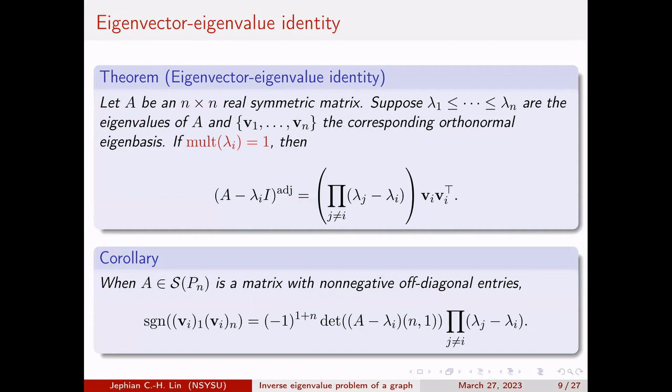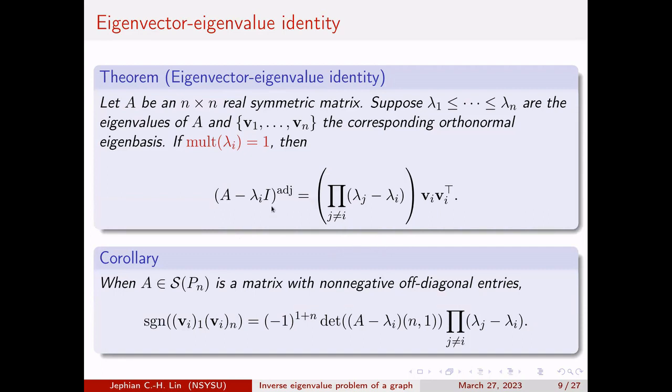Some news says that he discovered this identity, and a few days later, somebody says that, okay, this was actually known much earlier. And I will just briefly go over the idea of this theorem instead of giving a proof.